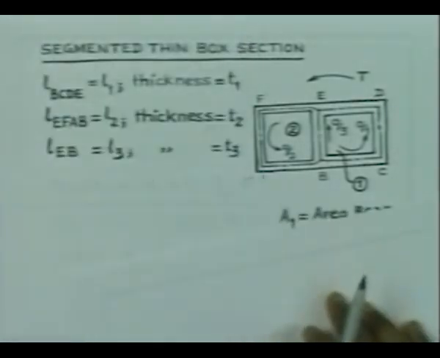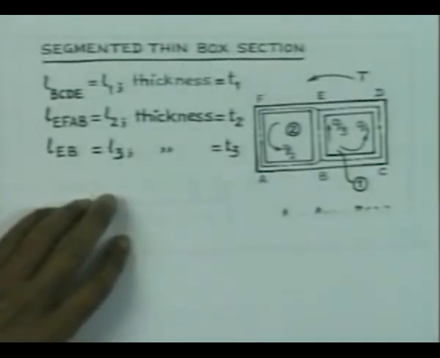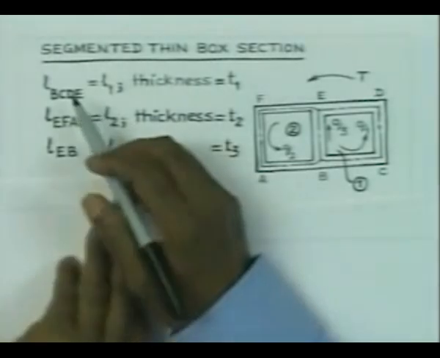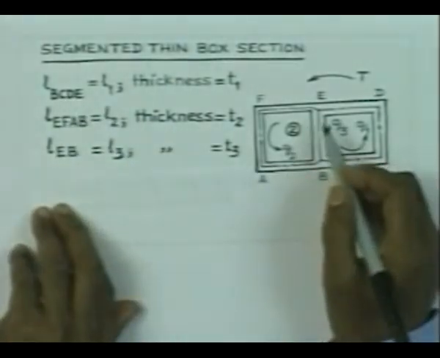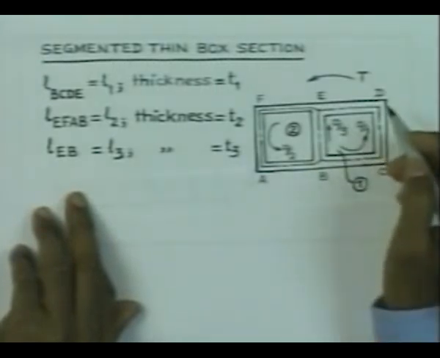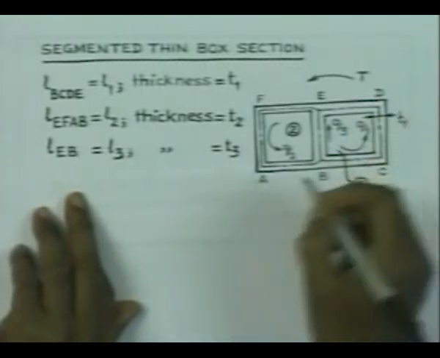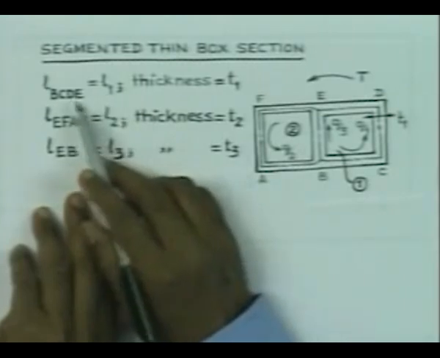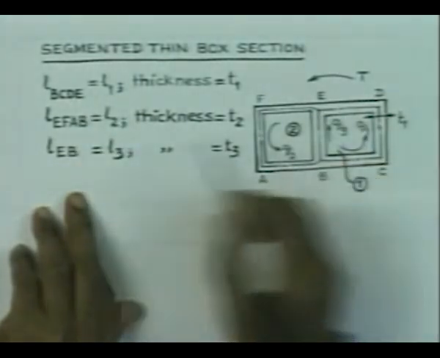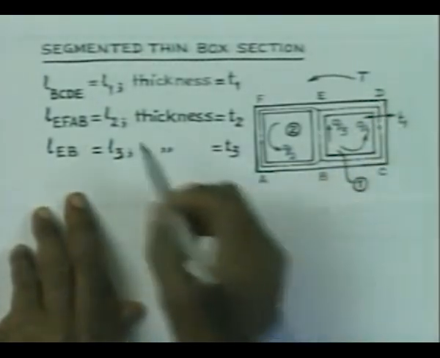For simplicity, let us also take these symbols. The length in this particular case, BCDE, has some thickness which is equal to T1. So, everywhere this thickness is equal to T1, and let us say that this whole path is of length L1 and of constant thickness T1.